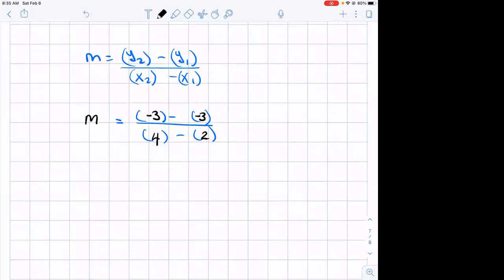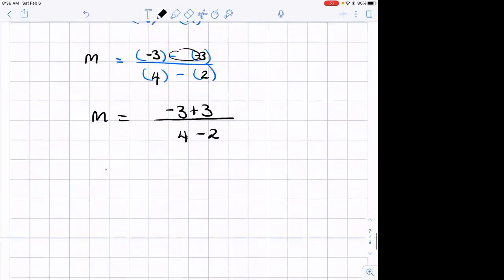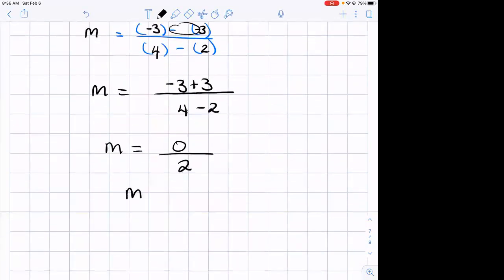Simplifying this becomes -3. The 2 negative becomes plus. And then we have 4 minus 2 in the denominator. So we have m is 0 over 2. Therefore, m is equal to 0.